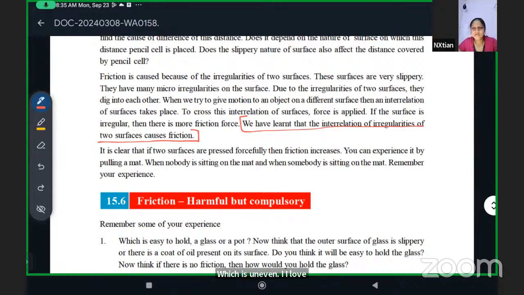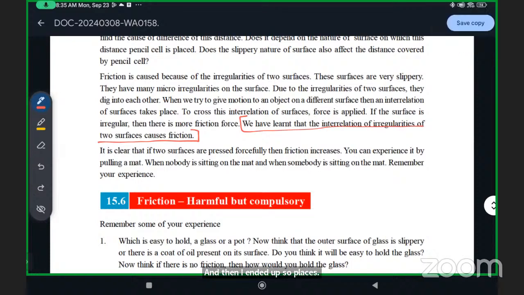Or a car tire and a road, because the road is uneven and the tire has an uneven surface, and they both come together, it will create a lot of friction. So basically, when there are irregular surfaces, where the shape is not regular and doesn't come in a pattern, it will cause the most friction.